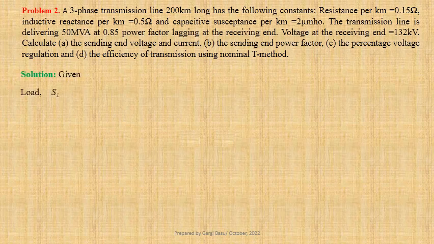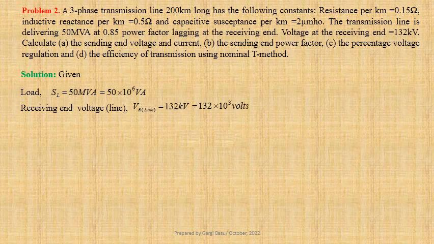Load SL equals 50 megavolt ampere, that is equal to 50 into 10 to the power 6 volt ampere. Line to line receiving end voltage VR line equals 132 kilovolts, that is equal to 132 into 10 to the power 3 volts.